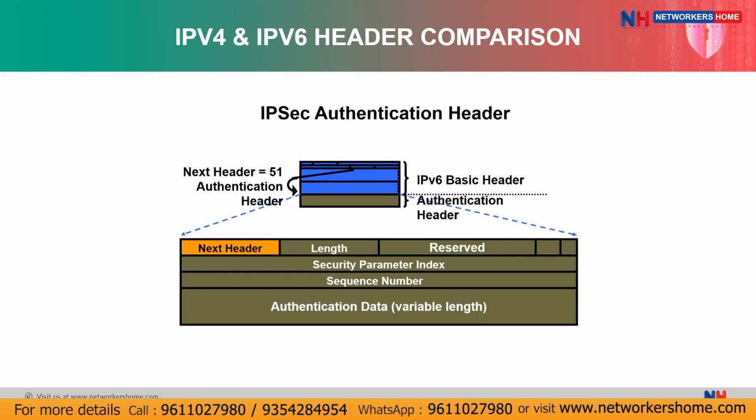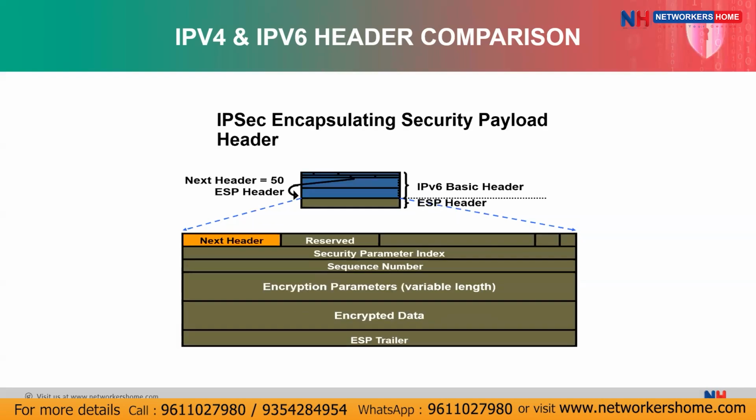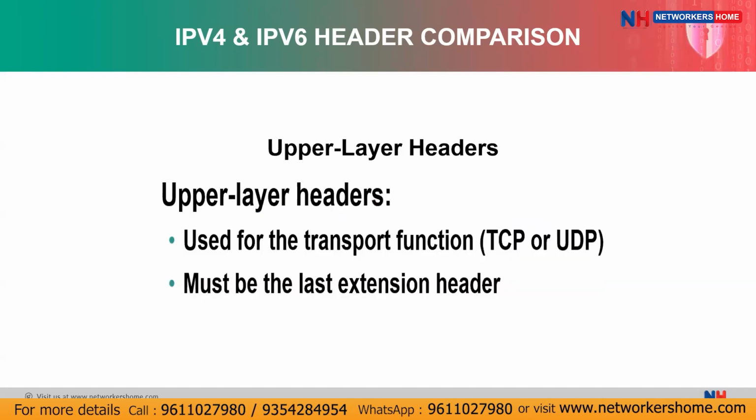It has length, reserve, security parameter index, sequence number, and authentication data, which is variable. The IPsec encapsulating security payload header is the same thing: the next header is 50, with the IPv6 header and ESP header, then the next header option, reserve, security parameter index, sequence number, encryption parameters, encrypted data, and ESP trailer.